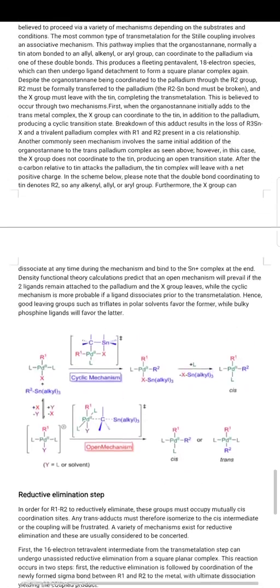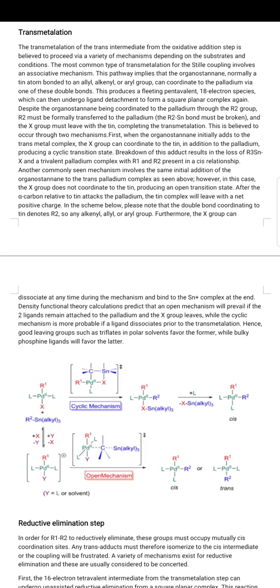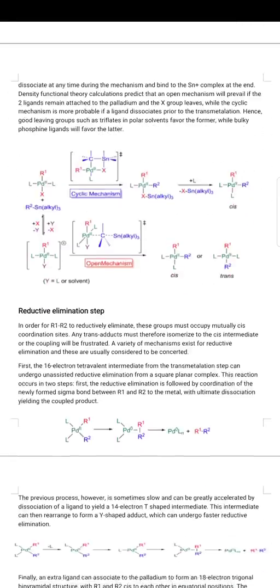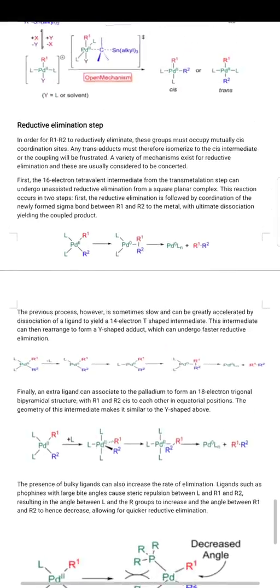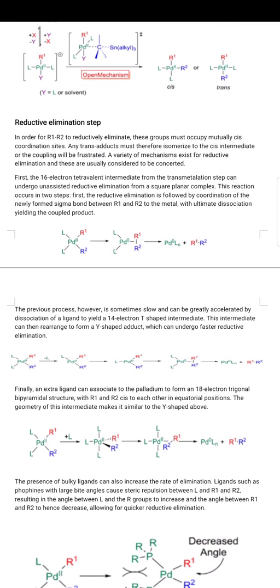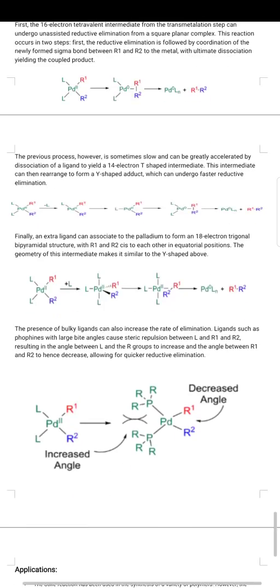These two pathways can also be followed in the transmetalation step. Then there is a reductive elimination. In order for R1 and R2 to undergo reductive elimination, these groups must occupy mutually cis coordination sites, and any trans adduct must therefore isomerize to the cis intermediate or the coupling will be frustrated. So cis-trans isomerization can also occur in the reductive elimination step.